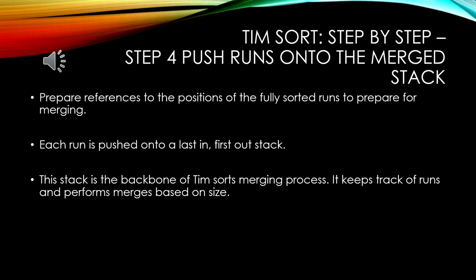You could think of this stack as the merging queue. It holds the reference to where each sorted run starts and ends in the main array. This stack is what allows us to keep track of the runs and, critically, to enforce the balance merge rules. After pushing a run, the algorithm immediately enters a loop to perform the crucial merge check, which is step 5.